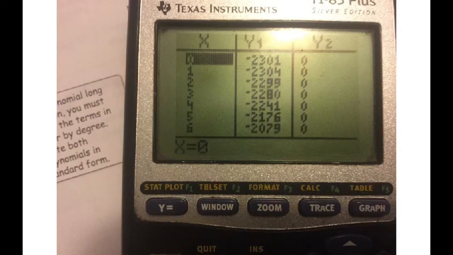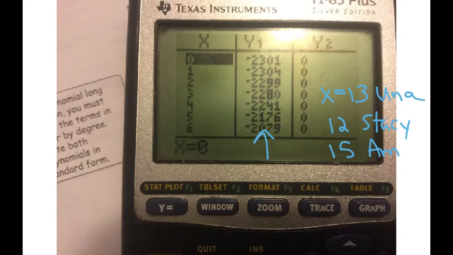So go to the table screen and keep going down until you find where this coordinate is 0. You should find it when x is 13. That means that Una is 13. Stacy was 1 year younger, so Stacy must be 12. And Amir was 2 years older, so Amir must be 15.